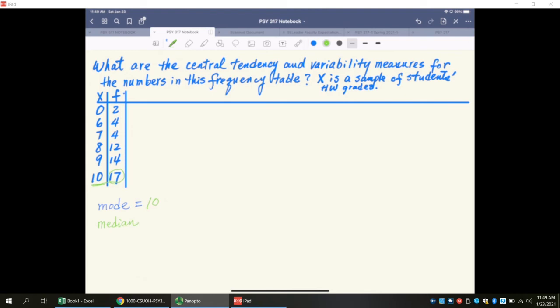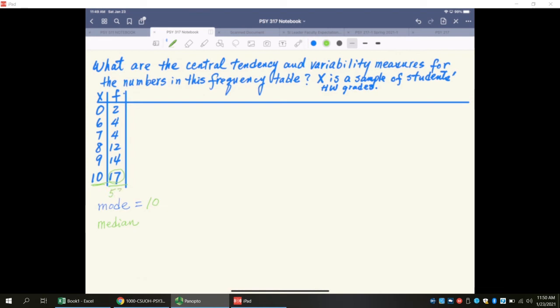The values are already sorted from the lowest to the highest. The process of finding the median is that you need to know the position of the middle point. So we figure out the sample size first.